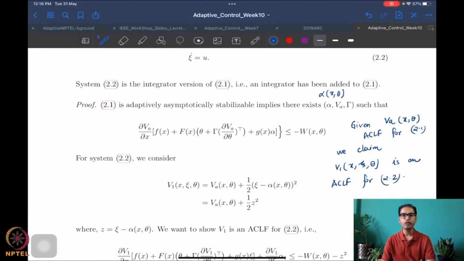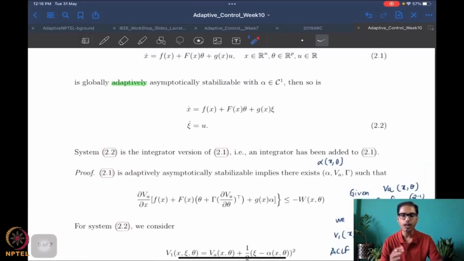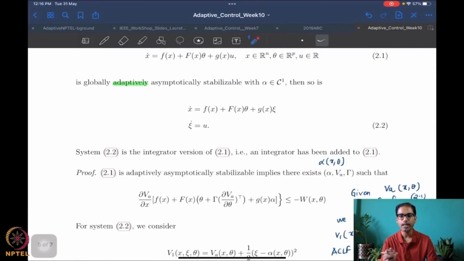That's it. We know that once I have an ACLF, I can design controllers and adaptive laws and all that. I don't worry about unknown theta at all right now. I just worry about finding an ACLF.